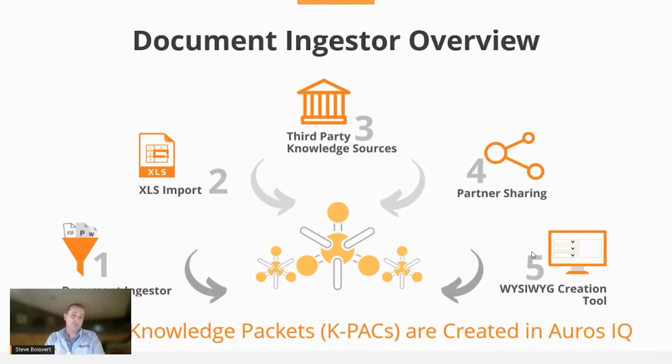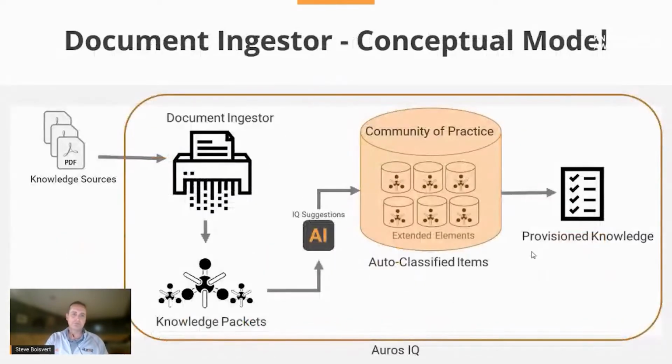Through that, you don't even have to create your own knowledge packets; they can be shared to you. And then lastly, if none of these other things are working for you, you can use the WYSIWYG tool and you can create your knowledge individually. So real quickly, those are the 5 ways you can create knowledge packets. Today, we're just going to talk about the one.